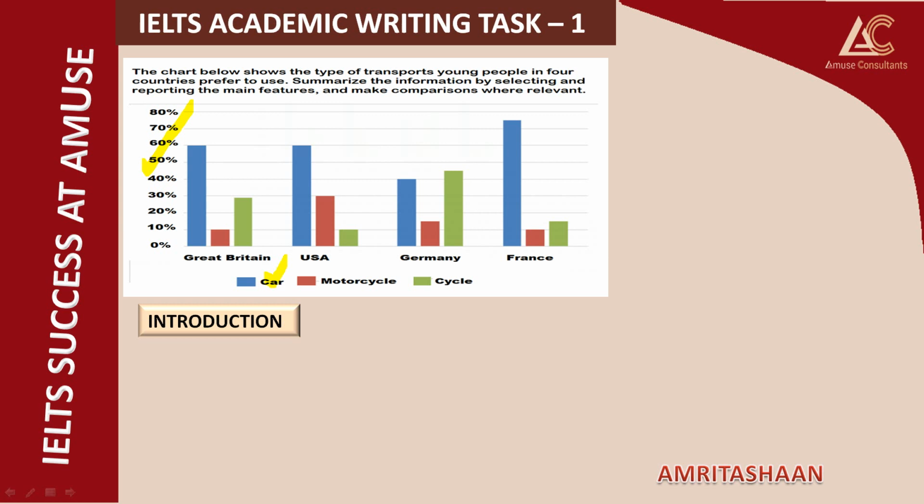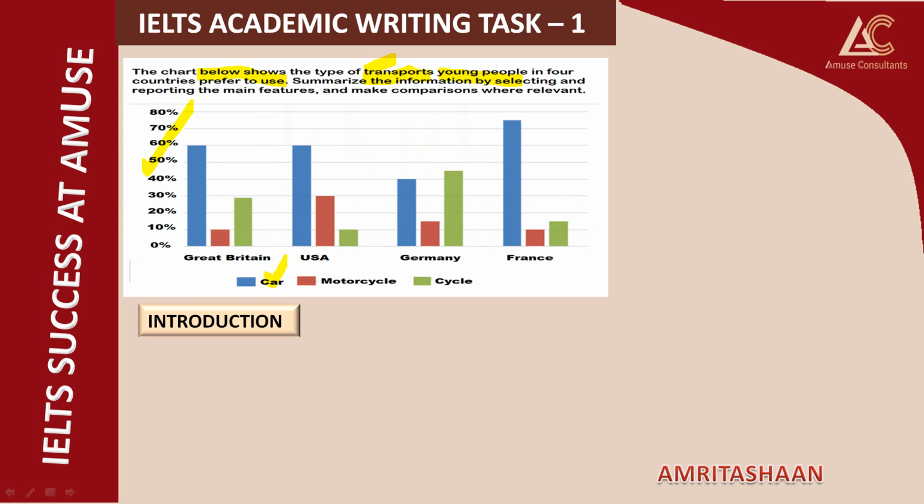Now you can look at the question and see if you have some synonyms for the words used in the graph. For example, they are talking about transport, young people, and the preferences and the use. For transport, you can use the words mode of transportation or commuting.